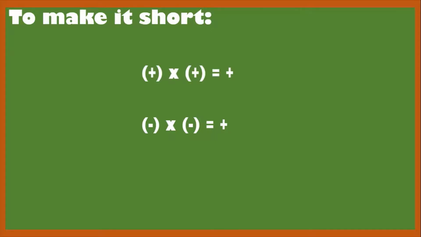Positive times positive will be positive also, like in our second example. And in our third example, negative times positive, or vice versa, positive times negative equals negative. Do not forget our rules.